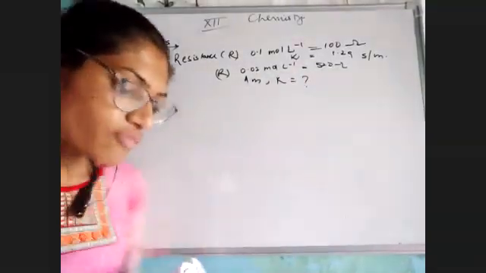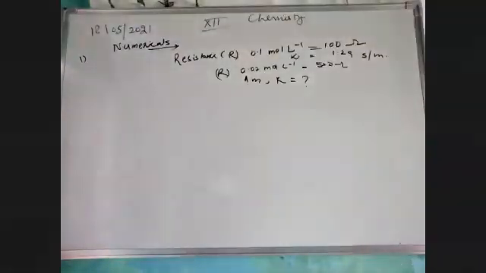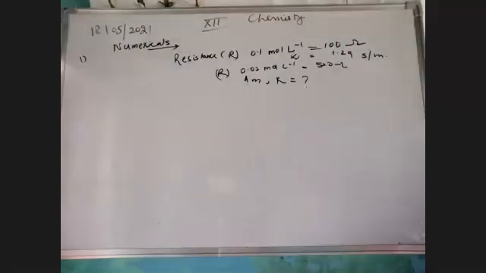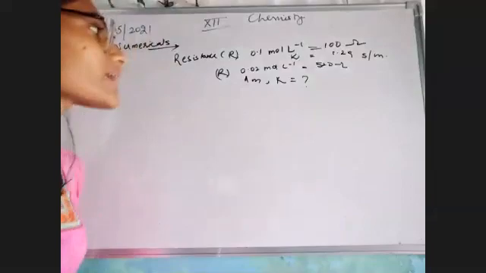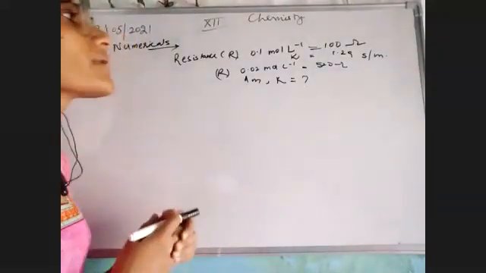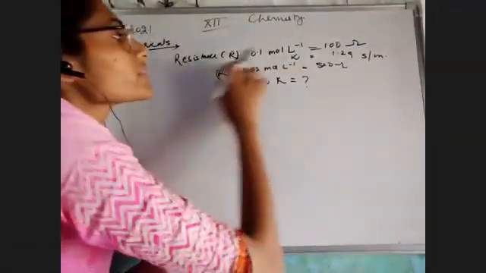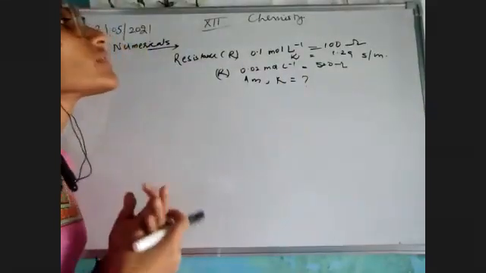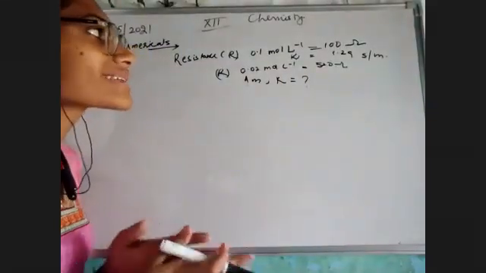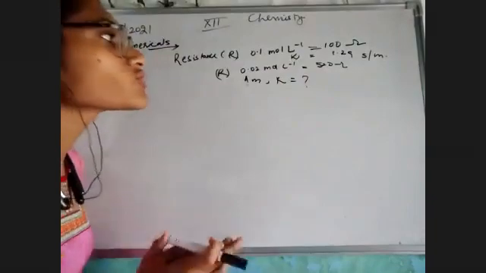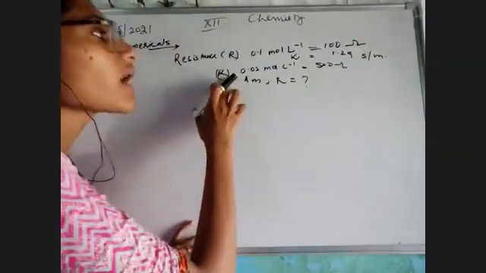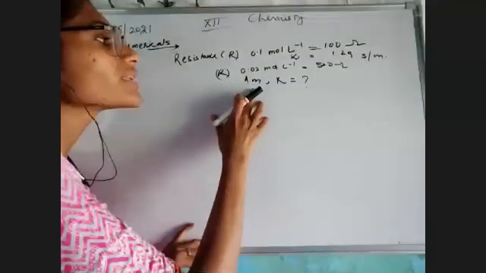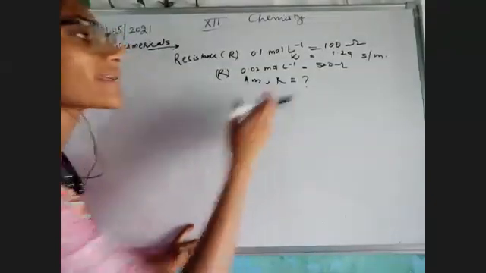So we have been provided with two different solutions with different concentrations. The first one is 0.1 mole per liter, and the second one is 0.02 mole per liter. We have been provided with the complete data of the first KCl solution, but for the second solution, we have been provided with the resistance only, and we need to calculate lambda m as well as kappa.